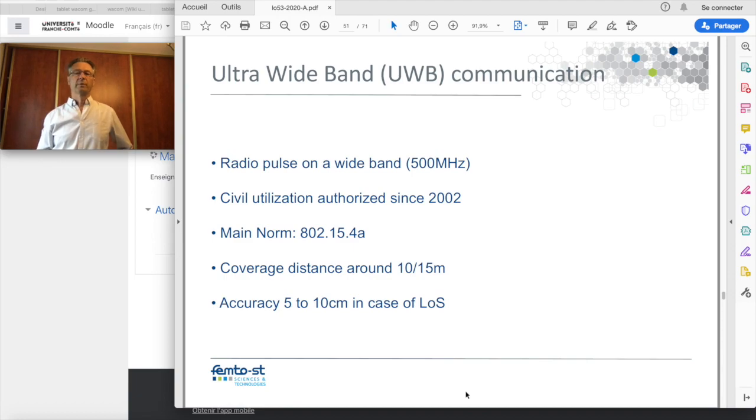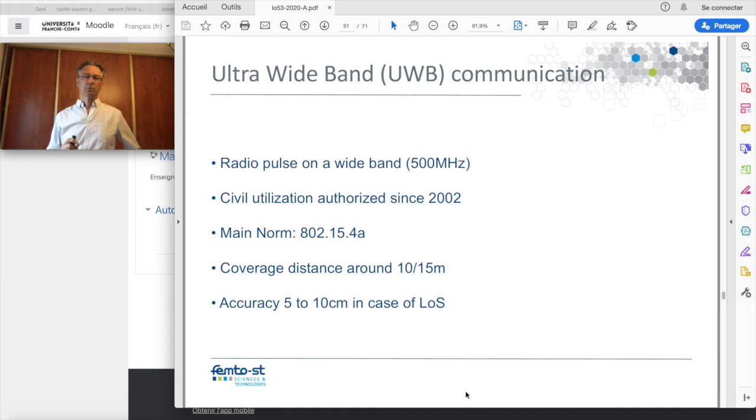So for ultra-wideband communication, in fact, you need to send a pulse on a wideband, something like 500 megahertz, in order to have a good accuracy of the time of the pulse, in order to have an accurate time of the signal.